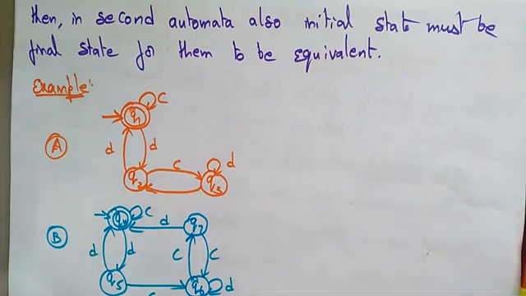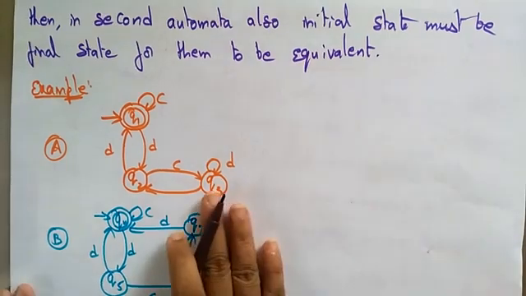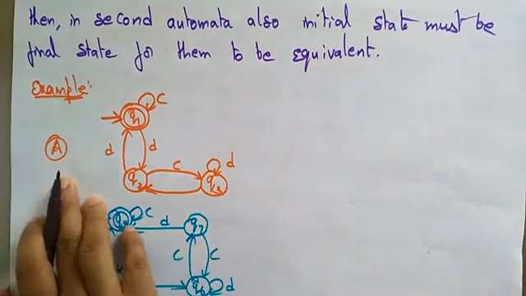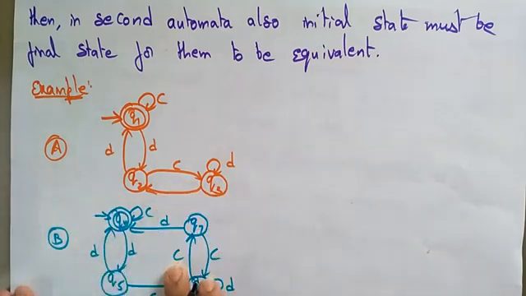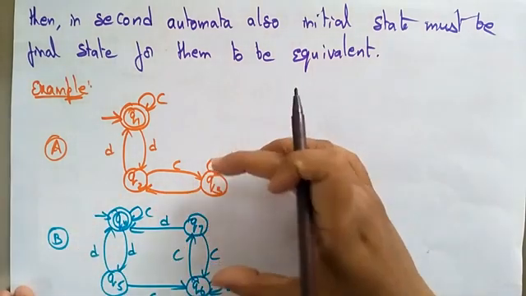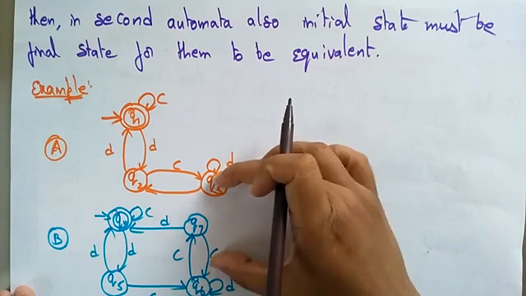Let me take this example so that you can clearly understand. Here I have taken two finite automata, A and B, and I am checking whether these two are equivalent or not.